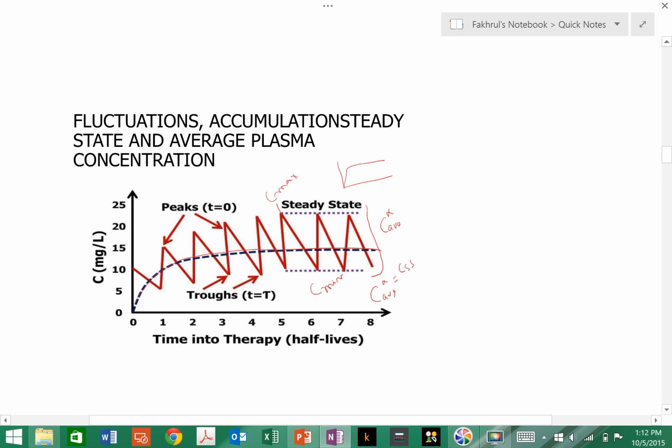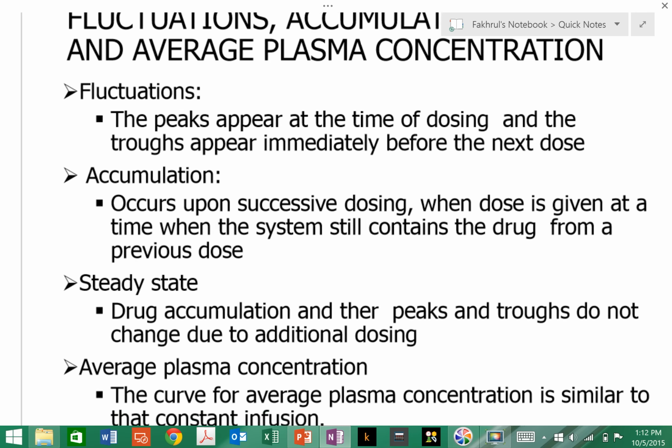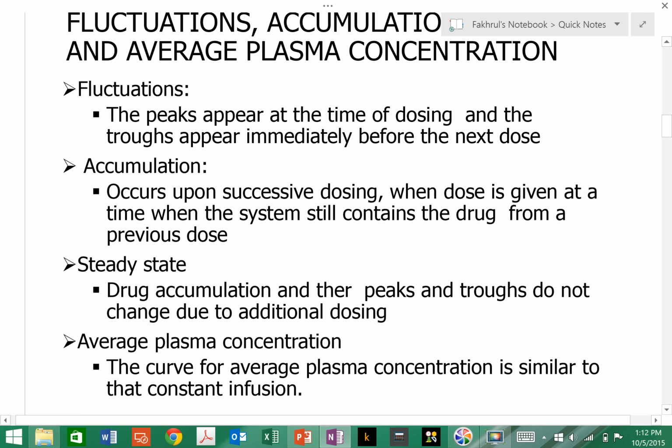So here is what is written in these slides. Fluctuation: peak appears at the time of dosing, and trough is the time before the next dose. Accumulation occurs after successive dosing, and accumulation will only occur when you administer a dose while some drug from the previous dose still remains in the body.